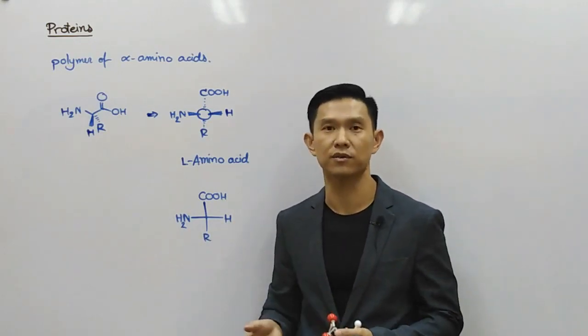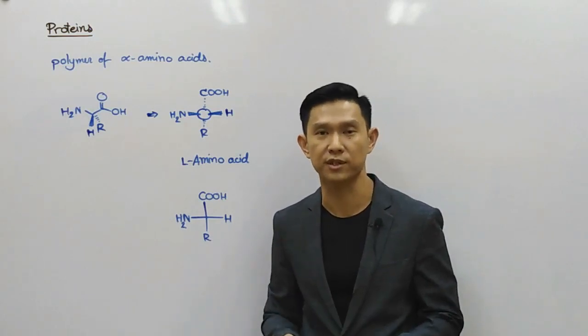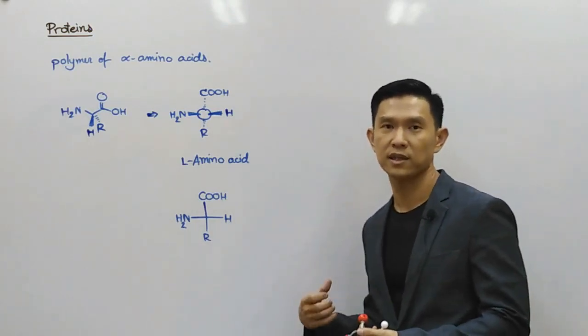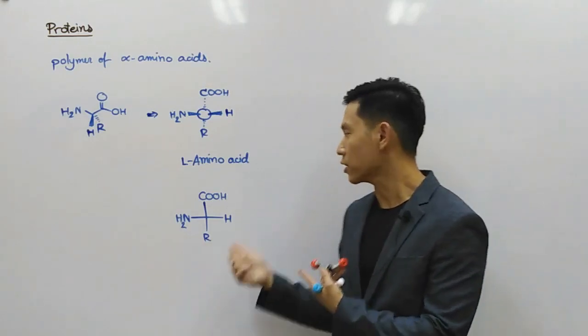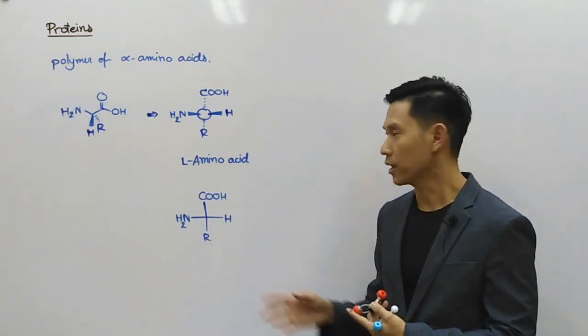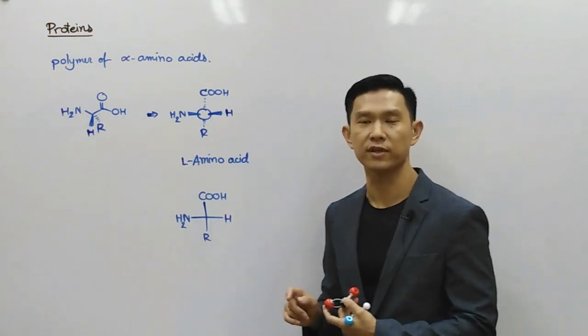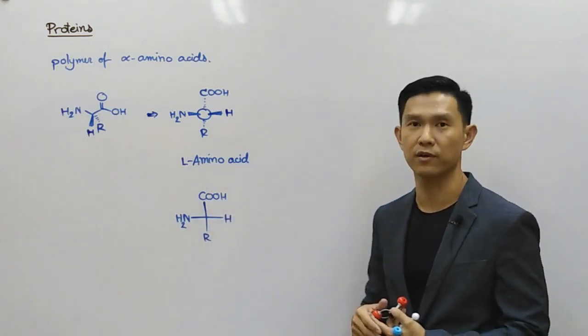It is similar to the carbohydrate system, where OH to the right is D sugar and OH to the left is L sugar. So in amino acids it's the same thing: if the NH2 is pointing towards the left hand, we call it an L amino acid.